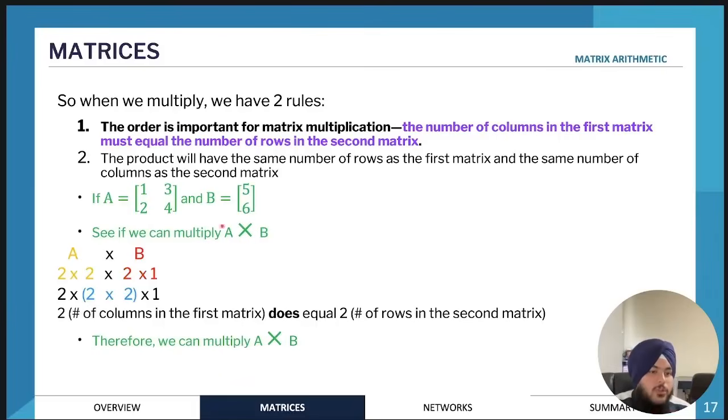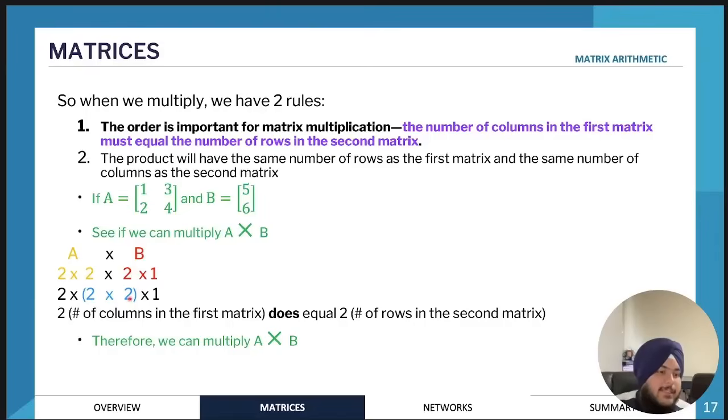So if we were to do A multiplied by B instead, we write the order of matrix A first, 2 by 2, X, the order of matrix B, 2 by 1, and then we put brackets around the inside numbers. That would be 2 and 2.